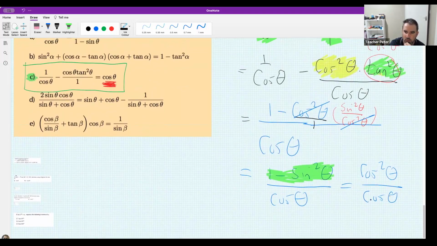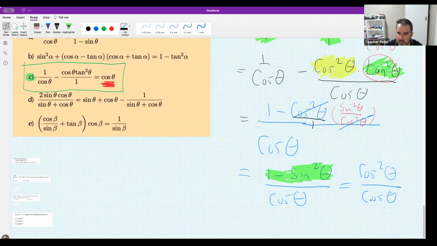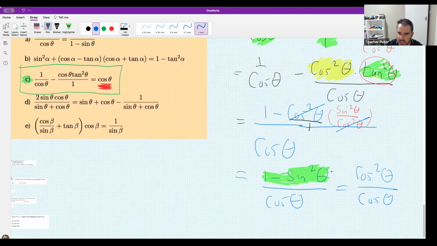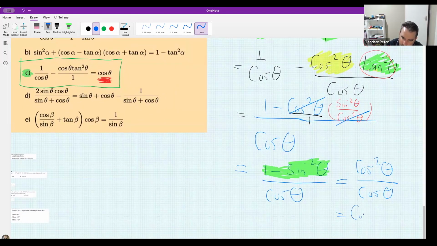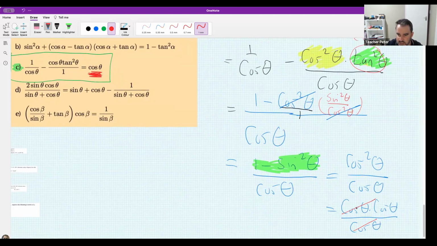And now, what do we have? Well, actually, that can be written as cos theta times cos theta over cos theta. And that can cancel, which actually leaves us.